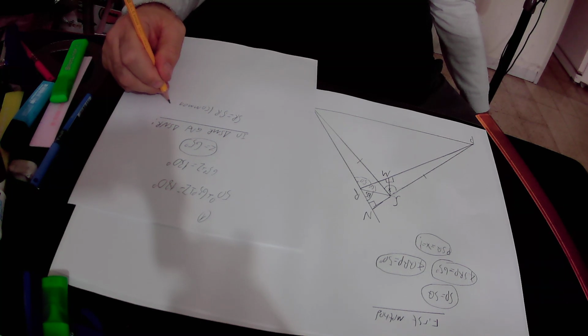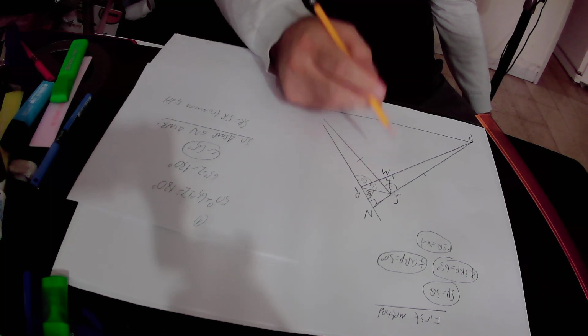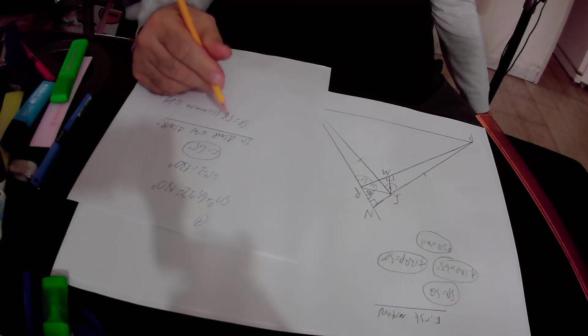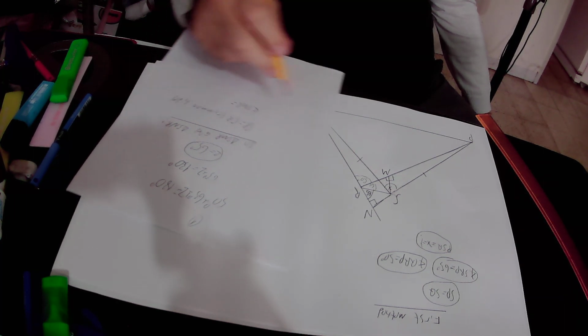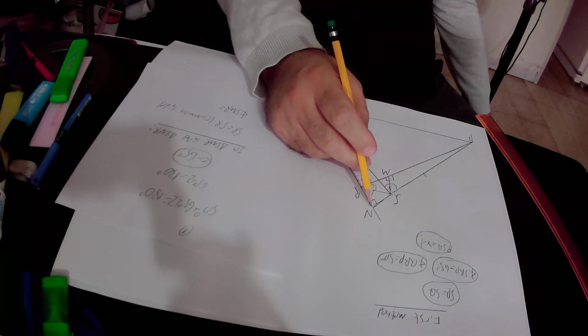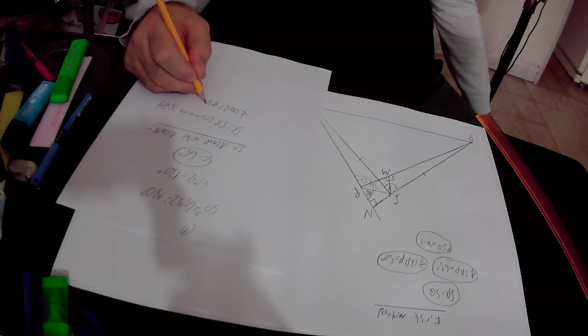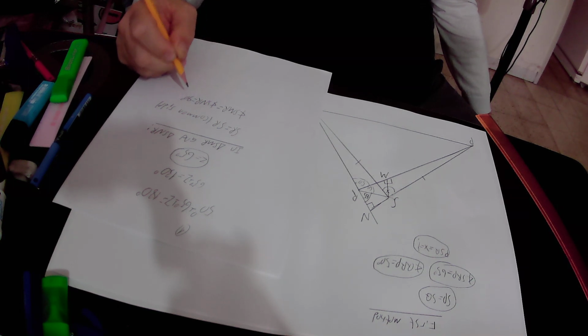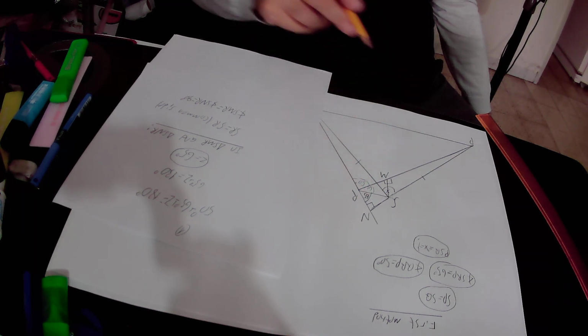So SR equals SR. And we also know that angle SMR, this angle, is a right angle, and it equals this angle SNR, that is also a right angle, and they are both equal to 90 degrees.